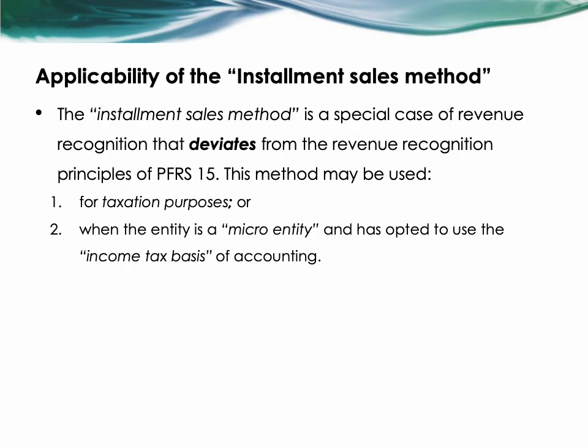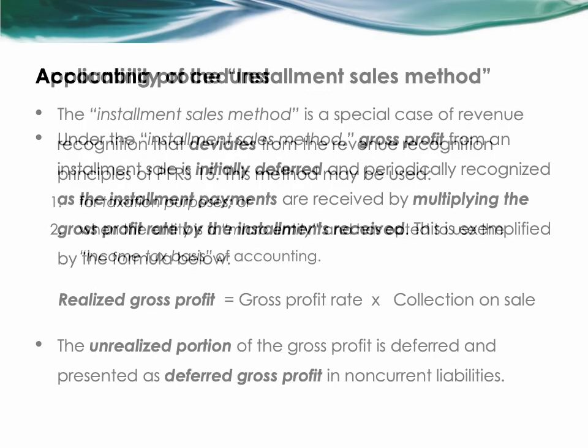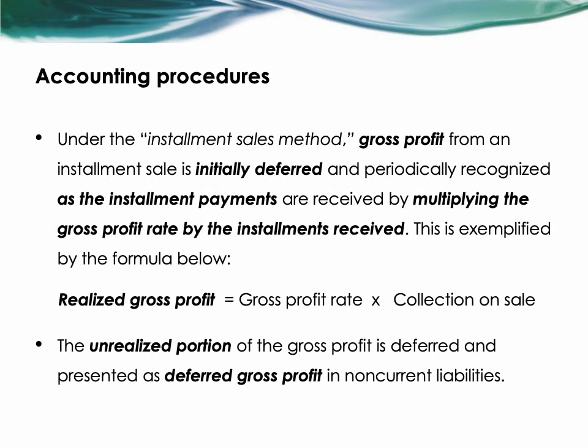In standard financial reporting under PFRS for larger entities, the general rule of PFRS 15 is used. Under the installment sales method, we recognize gross profit only as we collect cash.